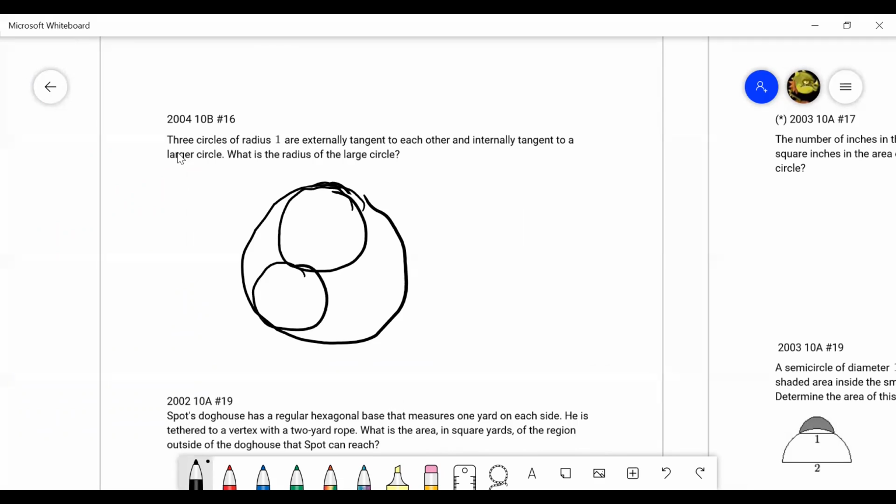This is not going to look that great, but it works. So we can assume that this is a good circle, and these are three identical circles of radius 1. And this is just one big circle tangent to everything.